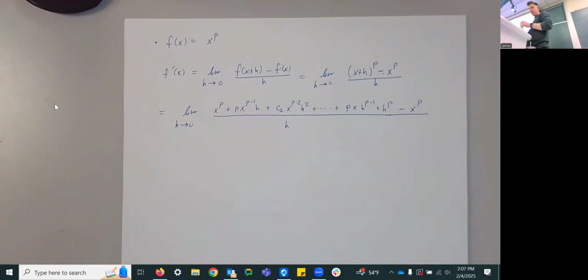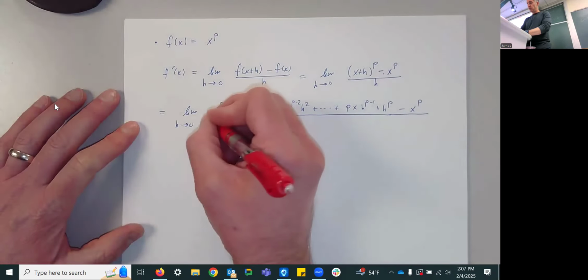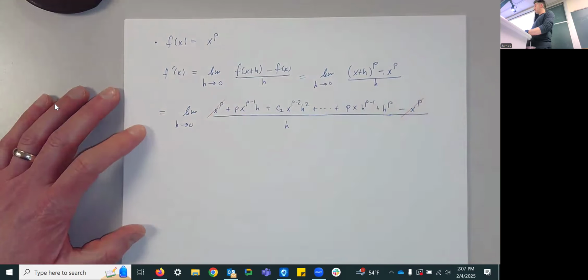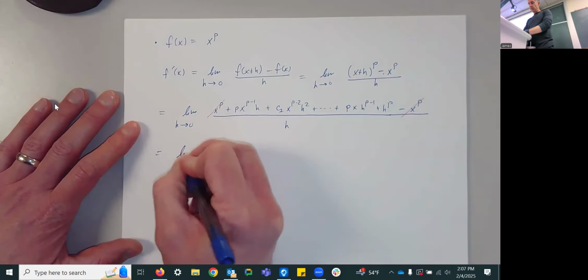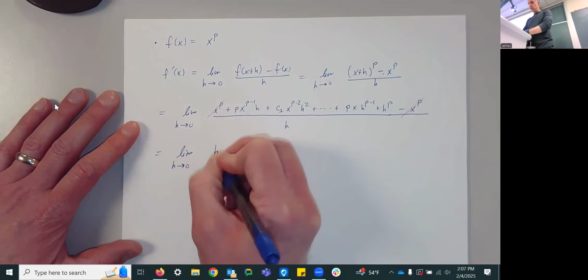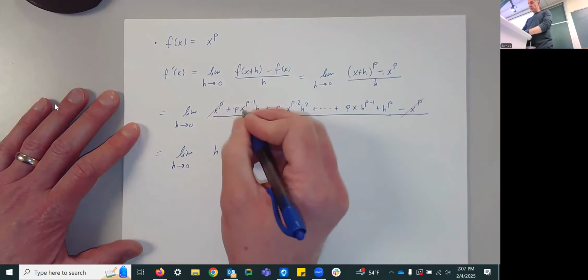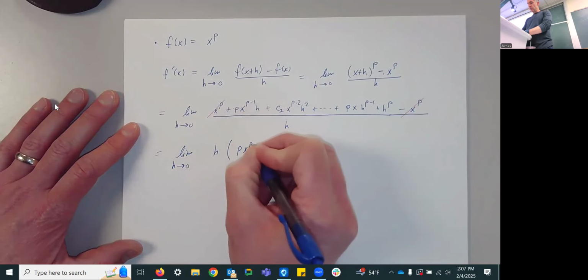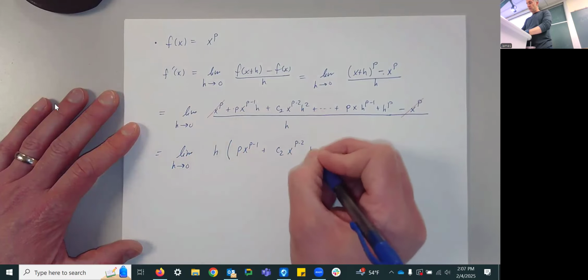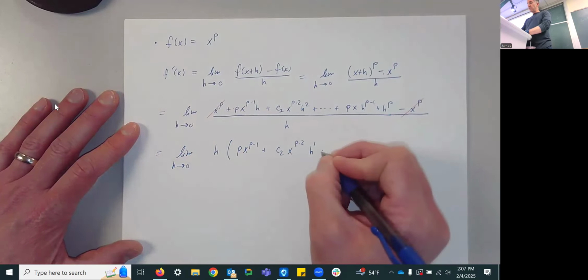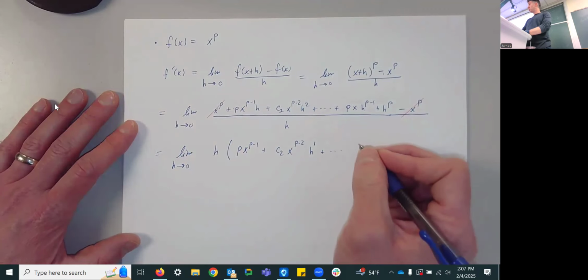And just like in pretty much every problem we've done so far, the non-h terms cancel out. In this case, it's our x to the p and our negative x to the p. Every remaining term has an h, which we can factor out. So then we're going to have the limit as h goes to 0 of h times, let's see, p times x to the p minus 1 plus some constant times x to the p minus 2 times h to the first plus lots of other terms that have higher powers of h, right?